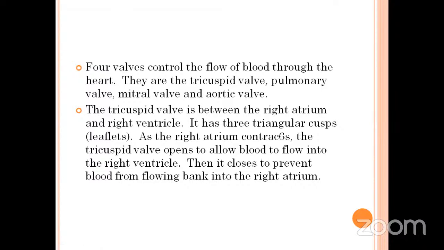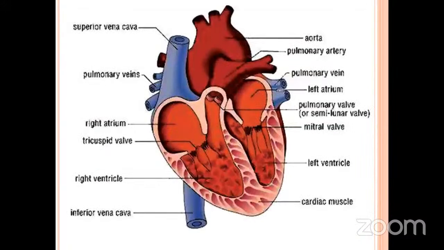So there are 4 valves that control the flow of blood through the heart. They are the tricuspid valve, pulmonary valve, mitral valve, and aortic valve. The tricuspid valve is between the right atrium and the right ventricle.